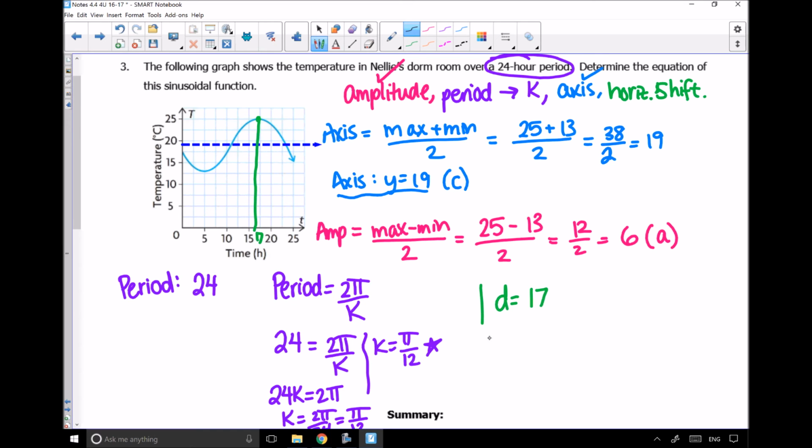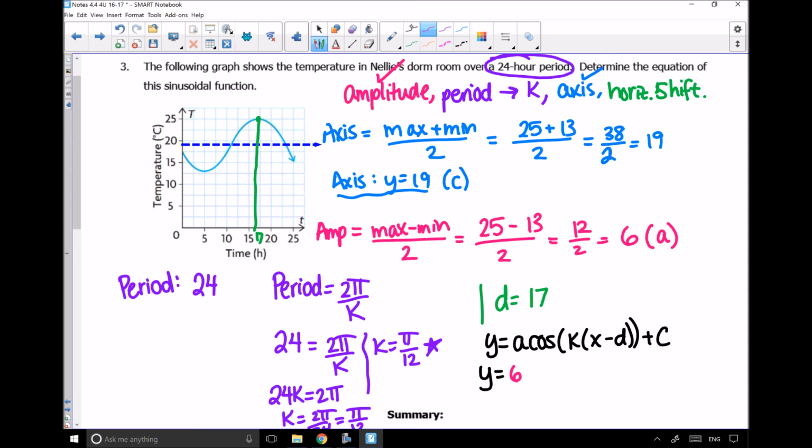So now, based on that, I can write all my information out. I can say y equals cosine of K times x minus D plus C. So let's go ahead and fill in that information. We know our amplitude we figured out was 6.